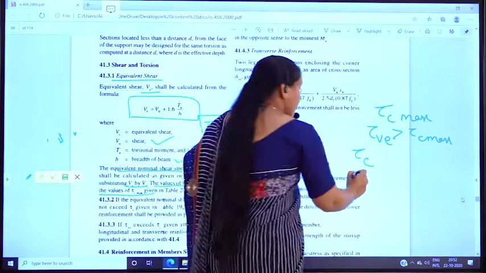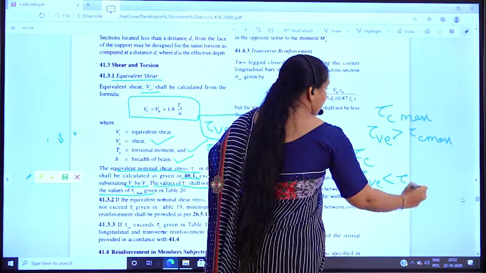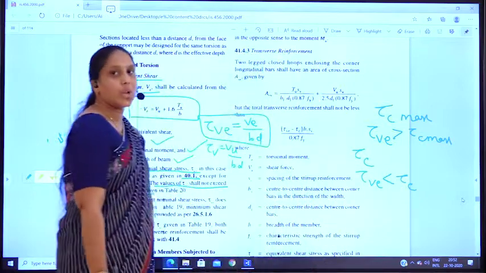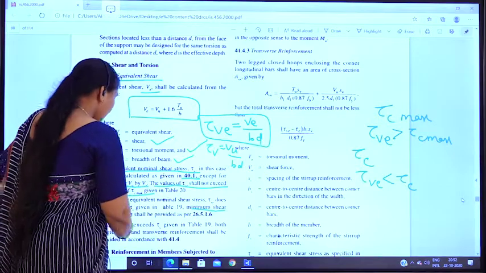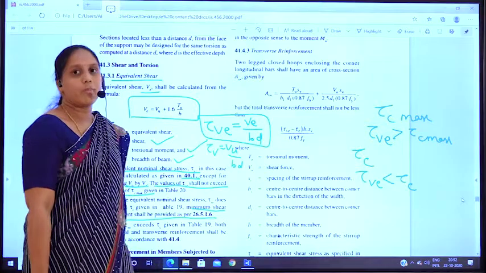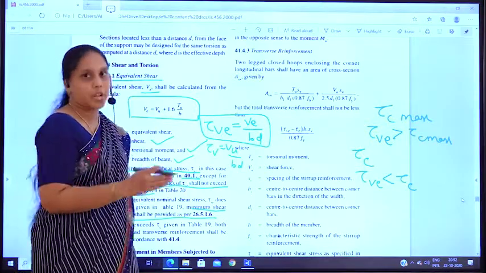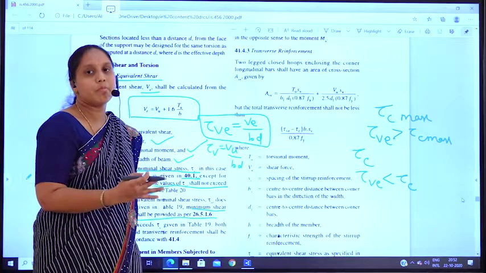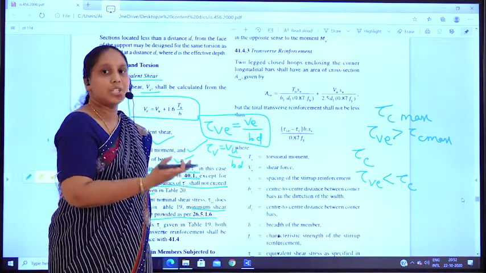If tau VE is less than tau C, then we have to provide a minimum shear reinforcement as per clause 26.5.1.6. How the shear reinforcement will be provided, we have already seen in the previous lecture on shear.